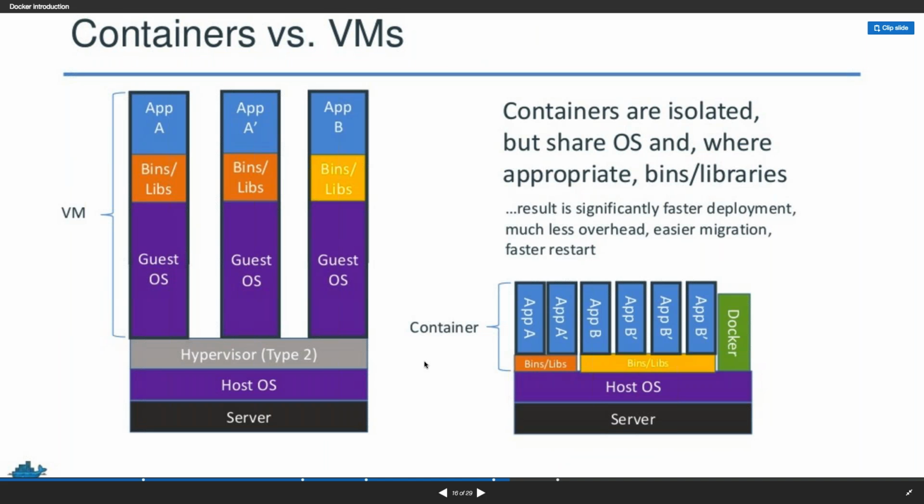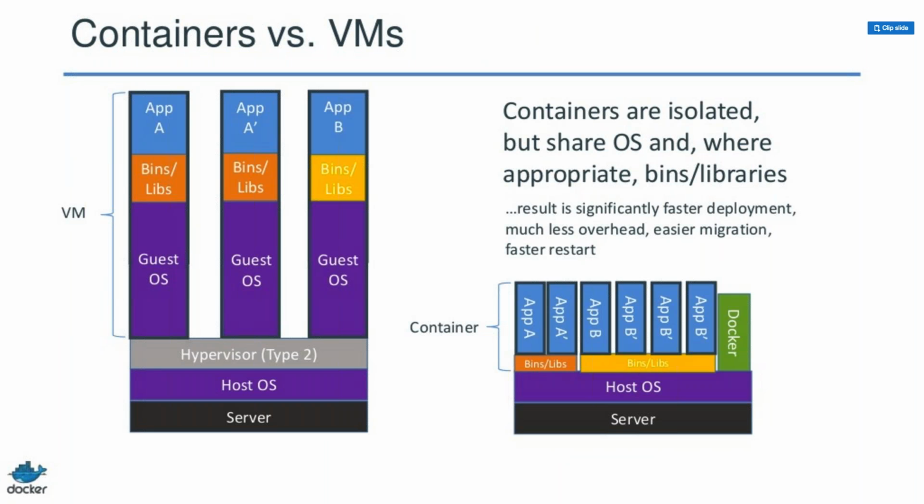But the big difference is virtual machine versus container. The reason I needed to show you this picture is that I needed to clear away your preconceptions of what this is.